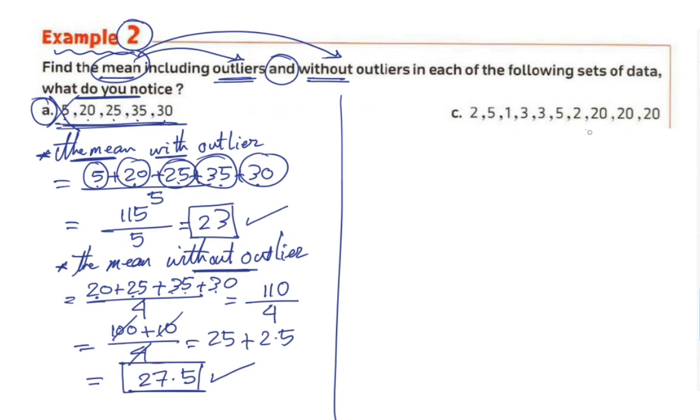Now, let's solve the second example. We have all of these values. First, I will find the mean with outlier.